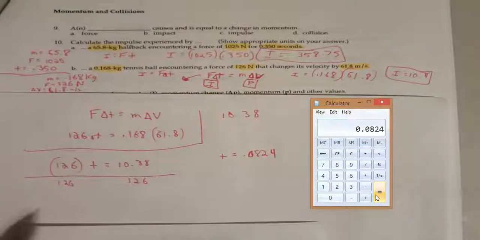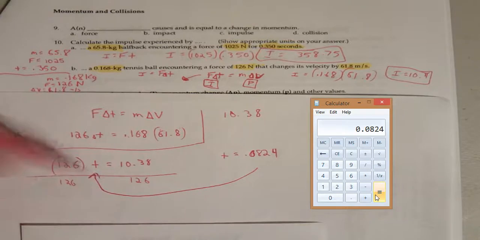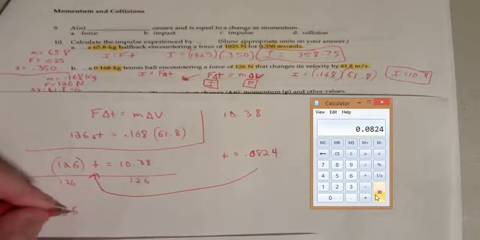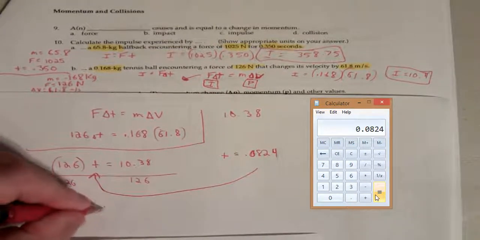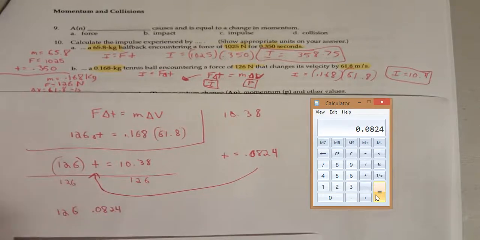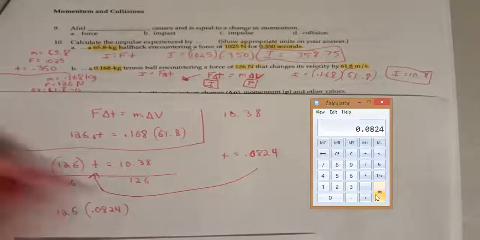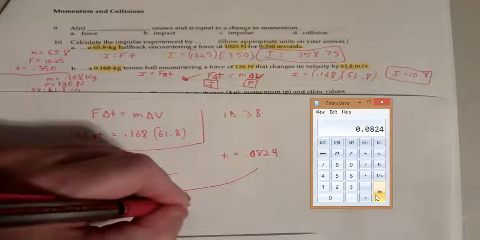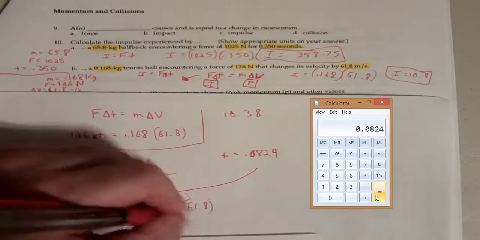So now let's take this. So that 0.0824 should be this, right? So if we do 126 times 0.0824, let's plug everything back in, equals 0.168 times 61.8.